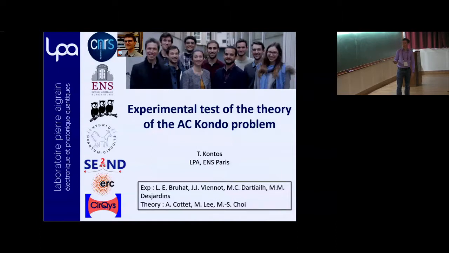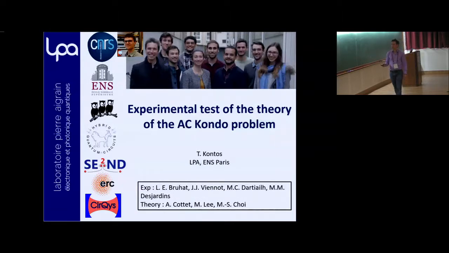So today I'm going to talk about an experimental work done mainly by Laure Bruat and Matthew Desjardins within the hybrid quantum circuits team, which is here. And in fact, there are newcomers in the team: Zaki Lektas, François Mallet, and also Matthew Delbecq.